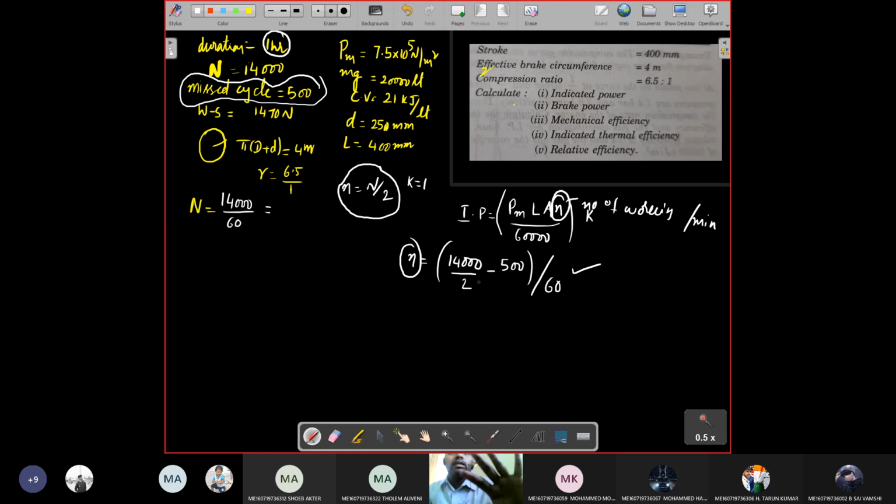That serves the purpose. Here missing cycles are given, therefore we need to subtract this 500 from the total cycles per hour. Again, per minute this is 60. Now the problem is over, I think. This is the only new concept here. Very, very important. Many times this missing cycle concept has come up in the exam.